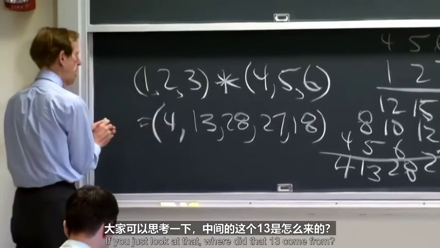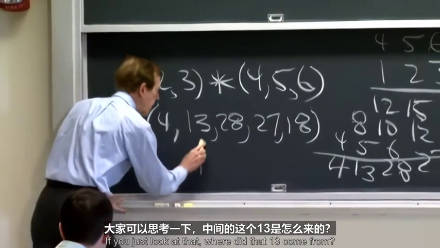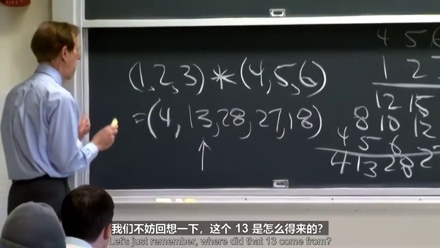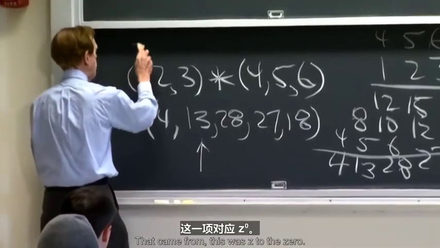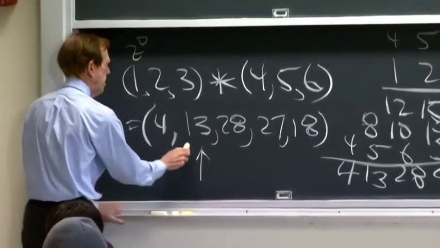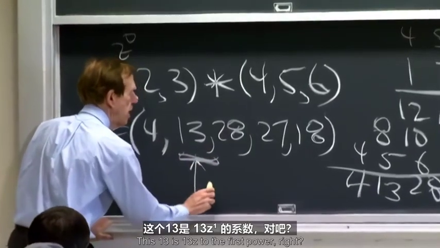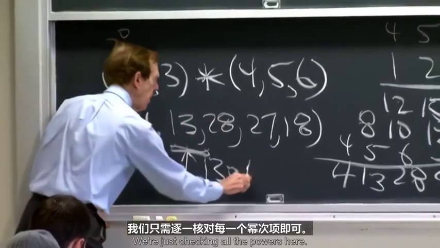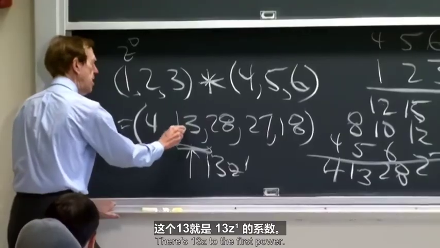If you just look at that, where did that 13 come from? This was z to the 0. This 13 is 13z to the first power, right? We're just checking all the powers here.